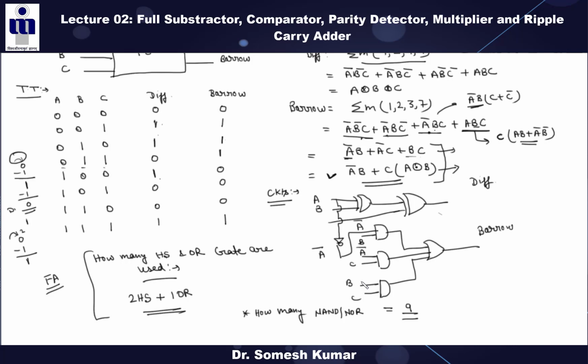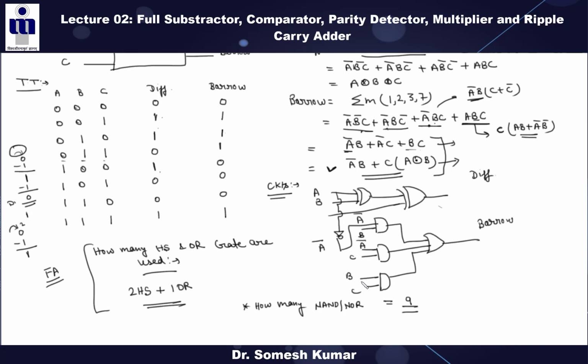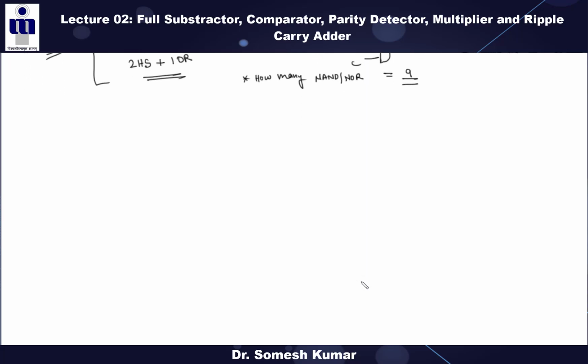Now we will discuss the next combinational circuit, that is the comparator, right? As the name suggests, what is a comparator? Basically a comparator is used to compare bits. It is also called the magnitude comparator.